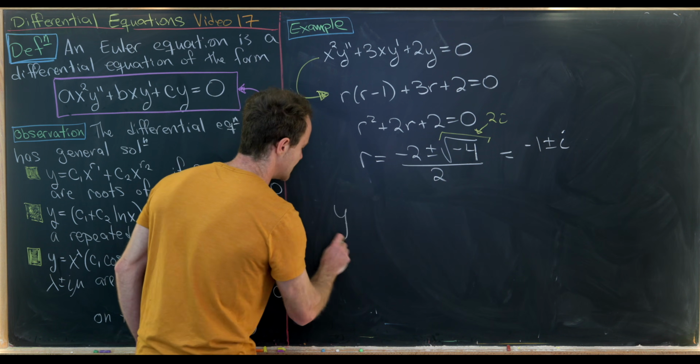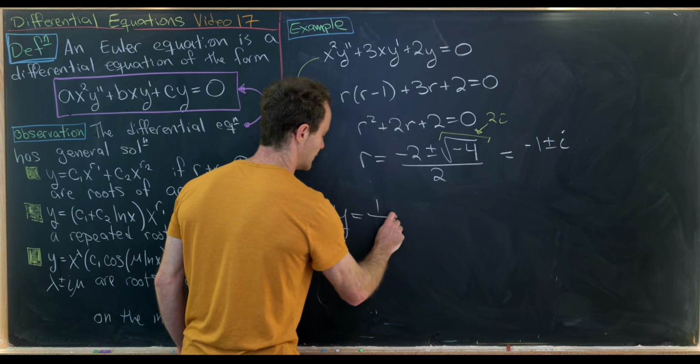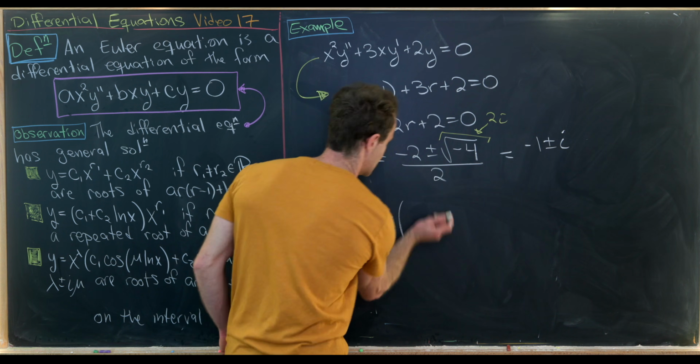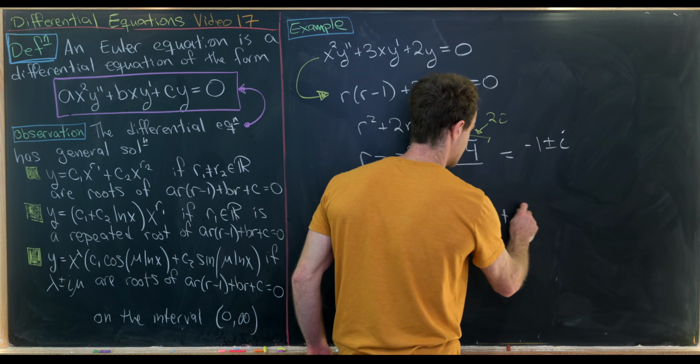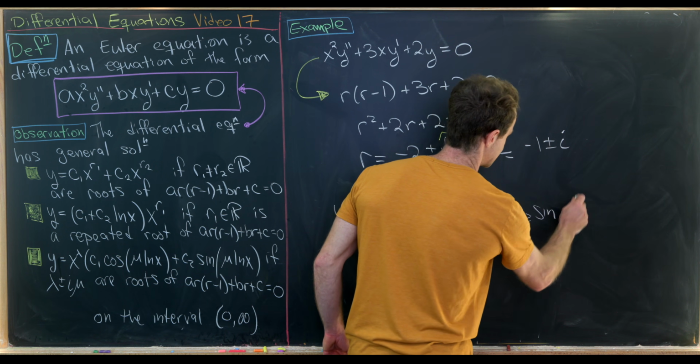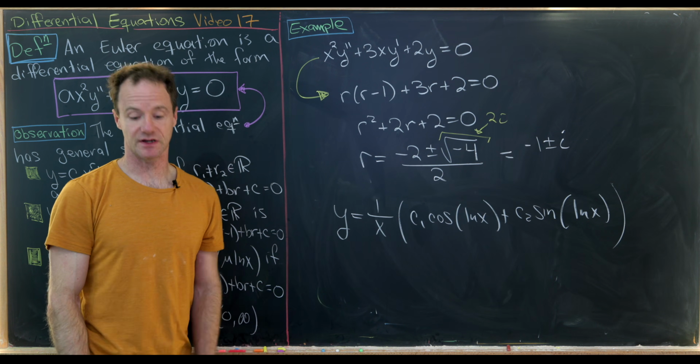So that means we can write down our solution immediately. We have x to the minus 1, so that'll be 1 over x, and then c1 times cosine of the natural log of x plus c2 times the sine of natural log of x. And that would be our final solution here.